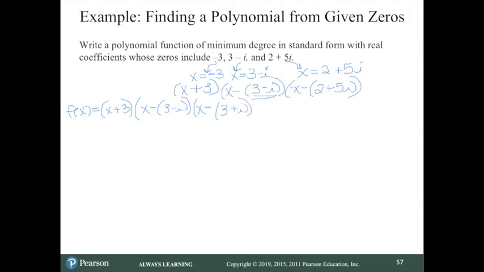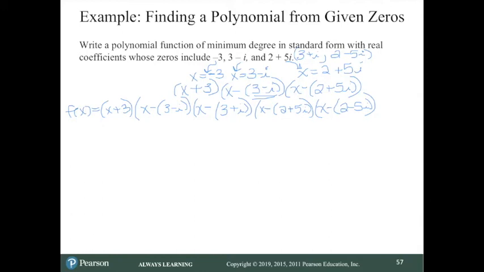So think about in this list, we also have 3 plus i, and we also have 2 minus 5i. So we actually have 2 more factors that are just kind of invisible because they're the conjugates, so we know that they're there even if they're not listed. Then we have x minus 2 plus 5i, and its conjugate, x still minus 2 minus 5i.